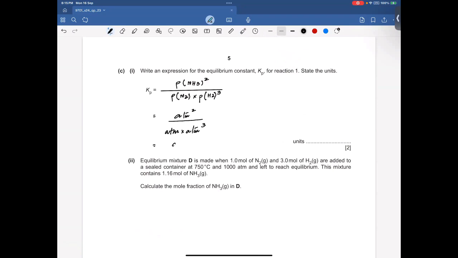Since both the units are multiplying with each other, I'm going to add the powers now. It's going to be atmosphere 4. If I cancel these out, it's going to be 1 over atmosphere square. So the final unit is going to be atmosphere inverse 2.